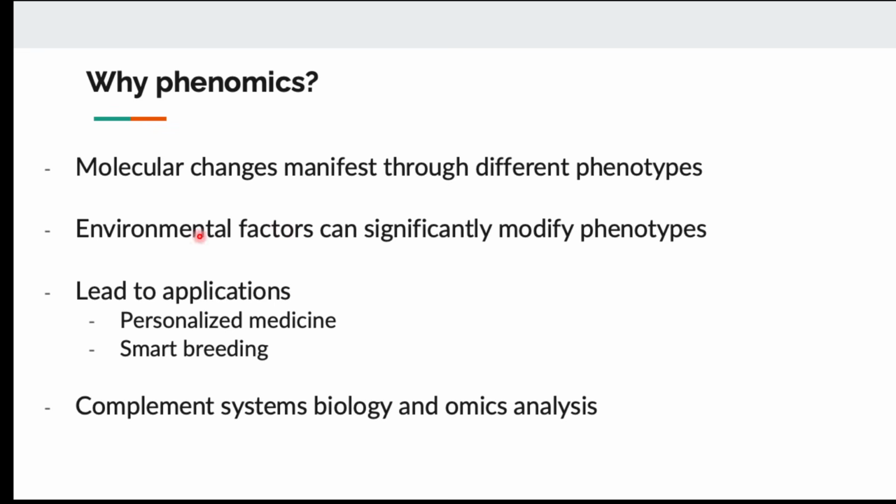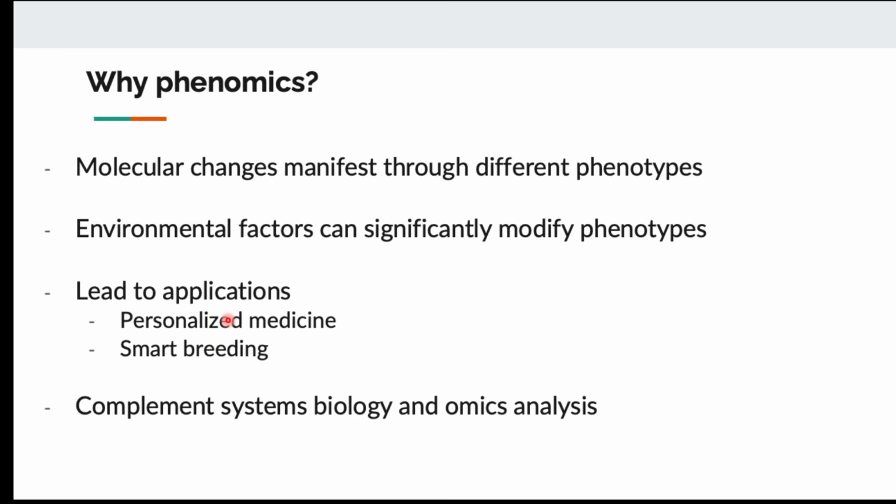Usually we either control or ignore the confounding factors, environmental effects outside of the cell. But for phenomics, this is an important factor because you can change the fertilizer, you can change the growth condition, and you change the phenotype. So this becomes more important compared to systems biology. And it's a focus of application.